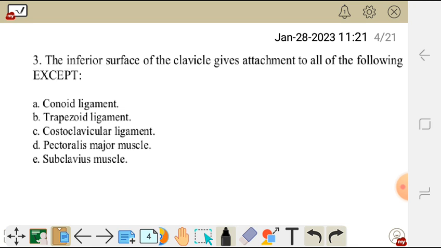The costoclavicular ligament is a name given collectively to the conoid ligament and the trapezoid ligament. So for question 3, except the pectoralis major muscle, which attaches on the anterior surface of the clavicle. So the correct answer is D.